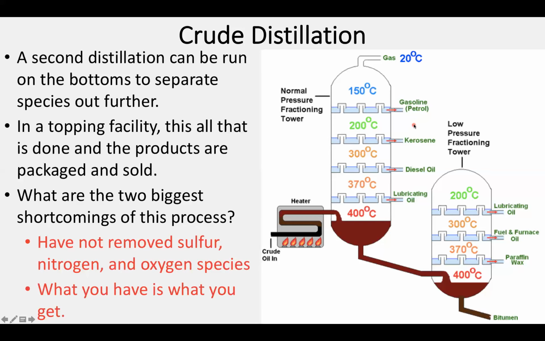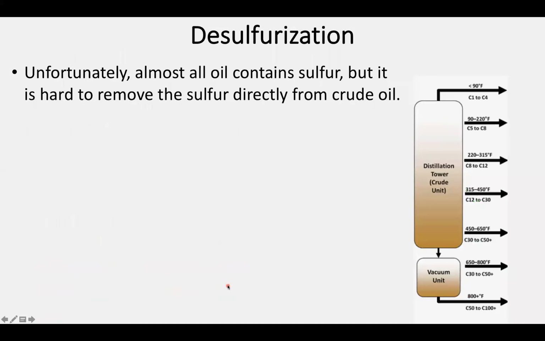However, as time has gone on, we have a lot more heavy sour. So we need ways to essentially remove our impurities and help improve our distributions. So one of the first and most important things is that we've got to remove those impurities. This is by law, and it's also an environmental mandate. They must be removed. So we have to try and remove the sulfur. However, if you try and remove the sulfur straight from the crude oil, it's going to be really hard.